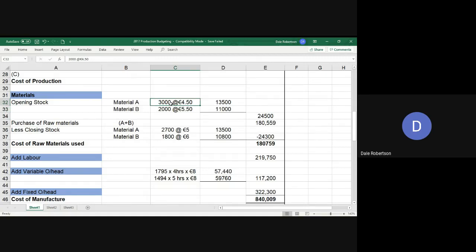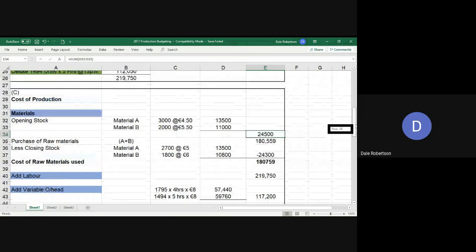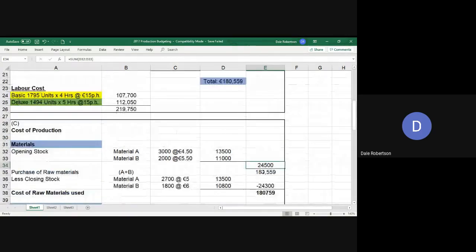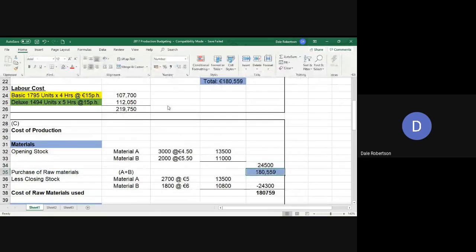You multiply both of those out to get 13,500 and 11,000, and you add them together. Your opening stock of raw materials is 24,500. The purchase of raw materials, that is the answer to part B up here. Let's make that blue as well so we can correspond with what we've just done.